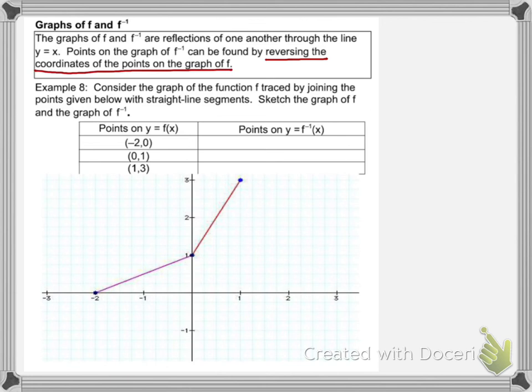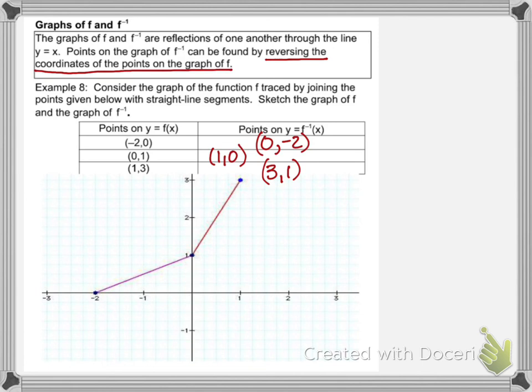So for instance, -2, 0 would become 0, -2. 0, 1 would become 1, 0. And 1, 3 would be 3, 1. Okay, so you'll either take them from the table and switch them, or if you don't have a table, just pick points and switch them, which is what you will do on Delta Math, by the way. Okay, so I'm going to graph these points that we just pulled.